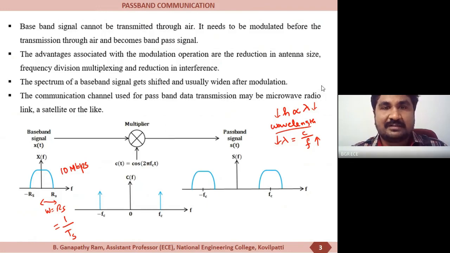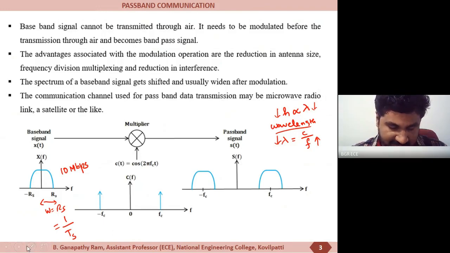This modulation process provides very good advantages, such as the reduction in the size of the antenna, it facilitates frequency division multiplexing, and it reduces interference.